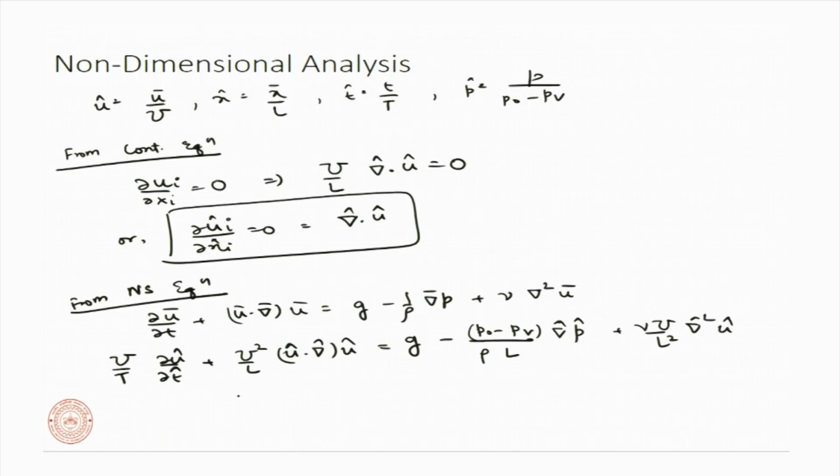Now, let us divide by the convective term, that is U square over L, throughout.